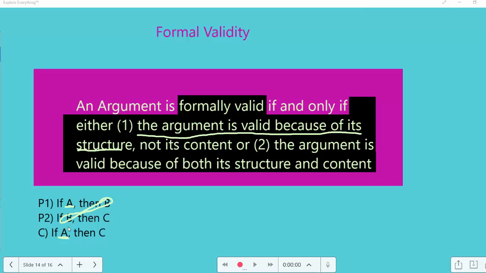Suppose we substituted in for A vixen. And if you know what the definition of a vixen is, it's a female fox. So then if we let C be female fox, then we would have our conclusion saying if, well, let's say we actually need to substitute a statement, not just a word.